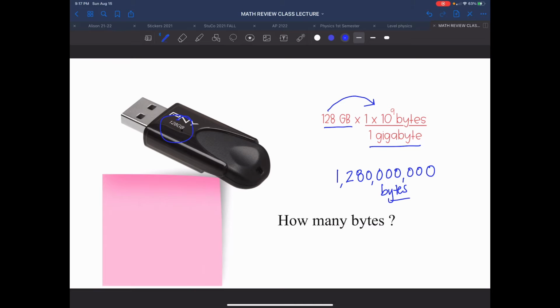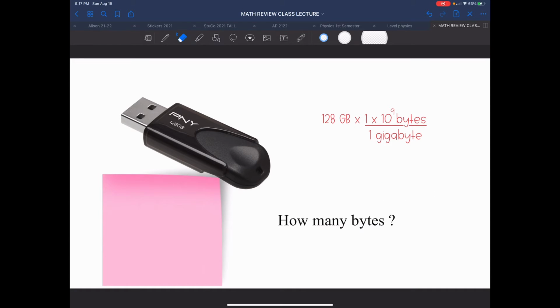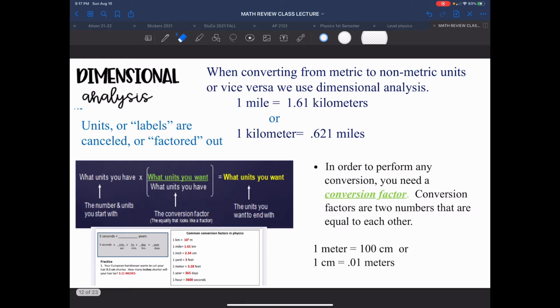All right. Let's move on from the metric conversions and start looking at dimensional analysis. You did this a lot in chemistry. I think the physics one we do is easier because it probably applies more to your real life. But when we're doing dimensional analysis, we're going to be converting from metric to non-metric units a lot.